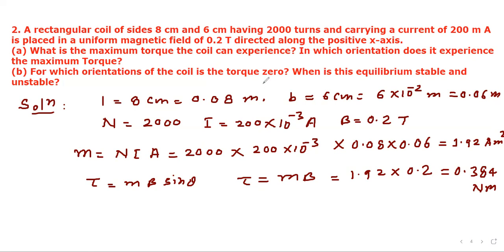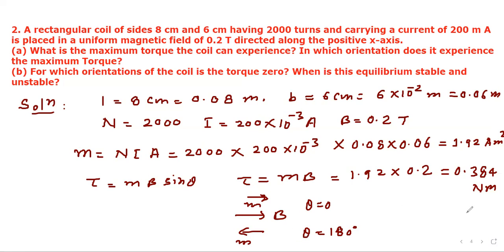So the torque on the coil is 0 when M is parallel or anti-parallel to B. Suppose B is in this direction and M is also in this direction. So this will be stable equilibrium position and theta will be 0 degree. Or if M is in this direction, theta is 180 degree, unstable equilibrium, and still torque will be 0.